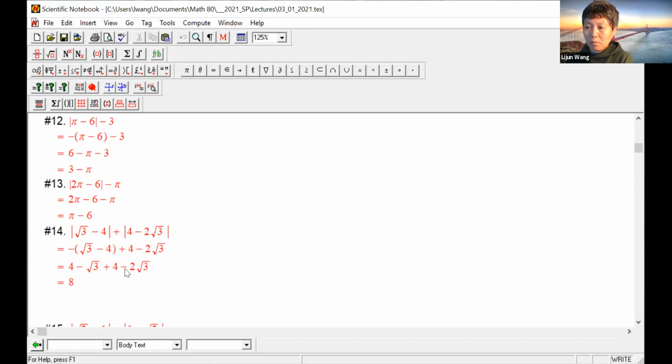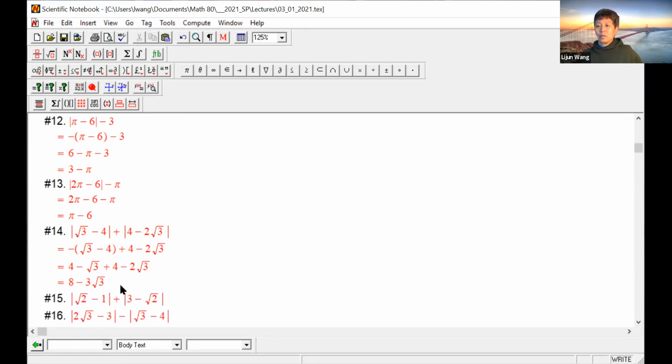Negative root 3 minus 2 root 3, that makes minus 3 root 3. Done. Any question?